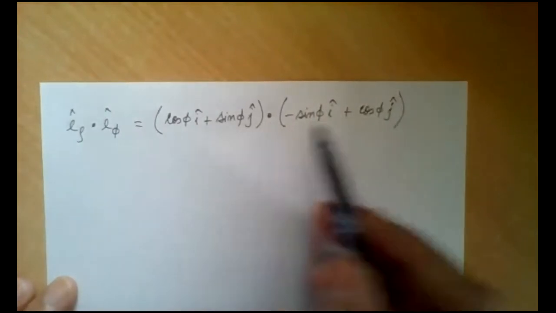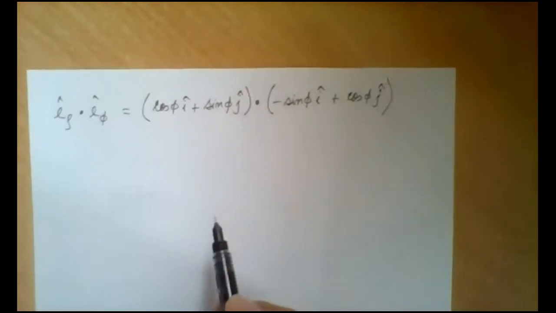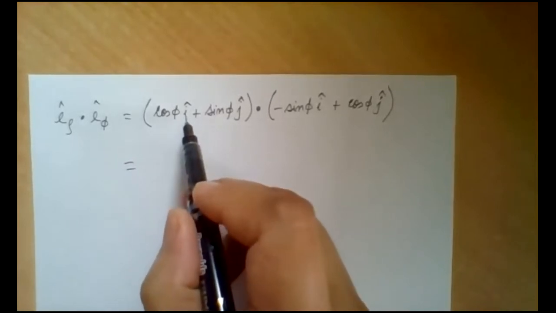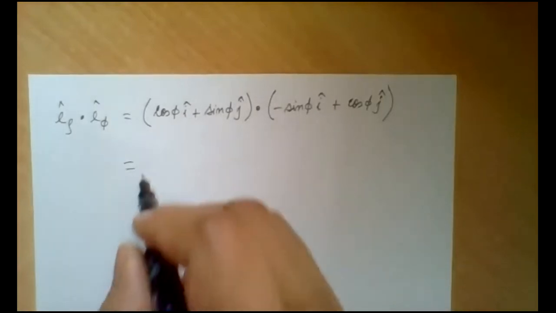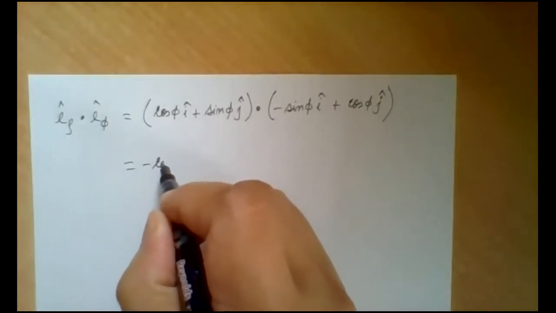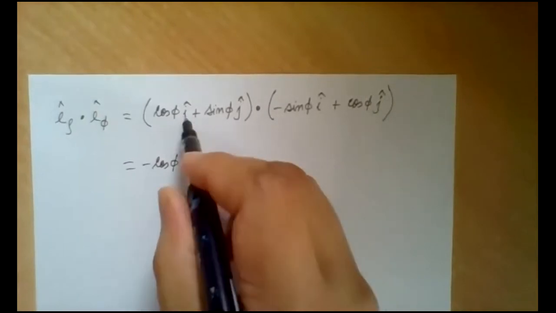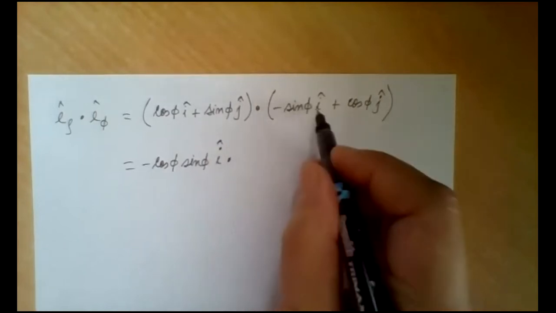So let us open this bracket and take the dot product term by term. Cos phi i hat with minus sin phi i hat: this is minus cos phi sin phi, i hat dot i hat.